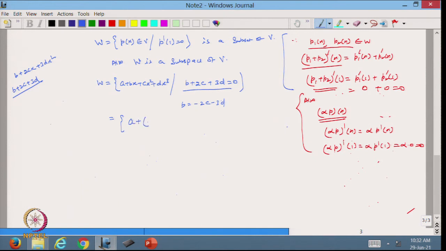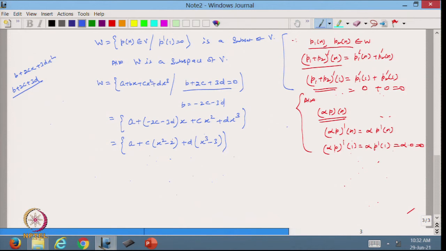Instead of b, I can put minus 2c minus 3d x plus c x square plus d x cube, and this will become a plus, taking the common c, c times x square minus 2x, and the common d, d times x cube minus 3x.